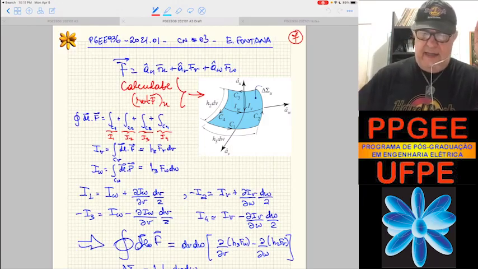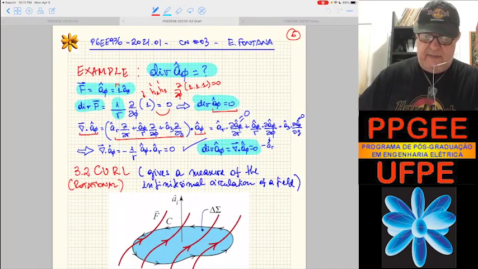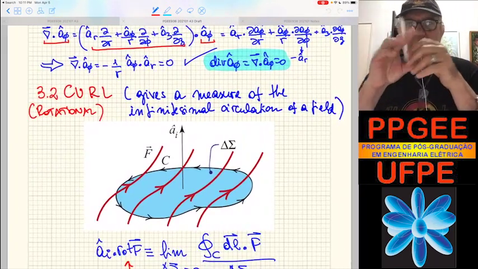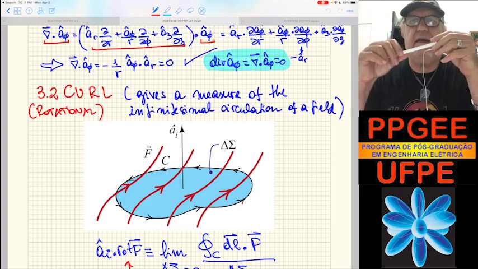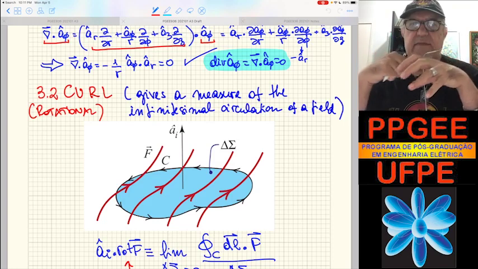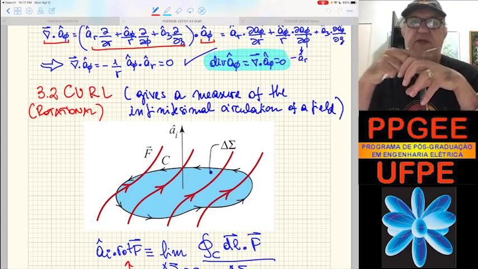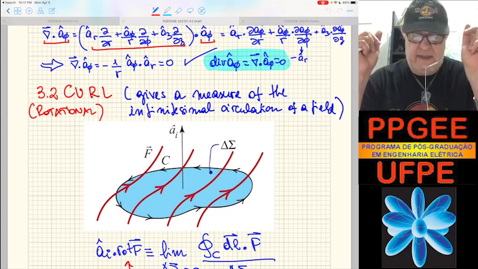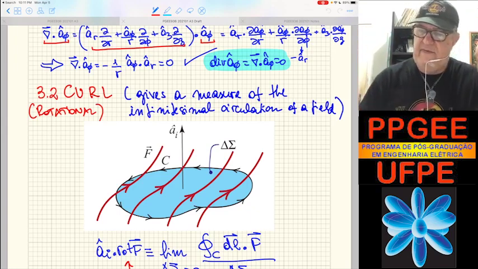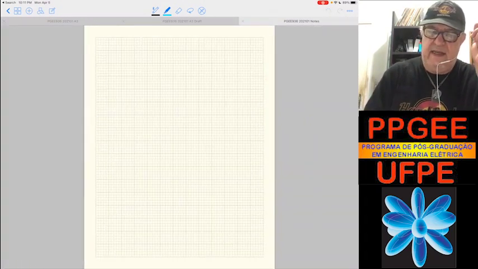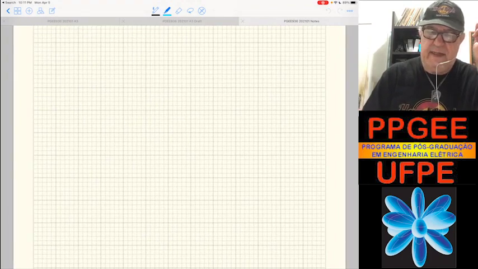Very well. Next operation that we want to talk about is the curl of a vector. Okay. The curl gives a rotational property of a field, let's say. An example, for instance: you have a river, right?